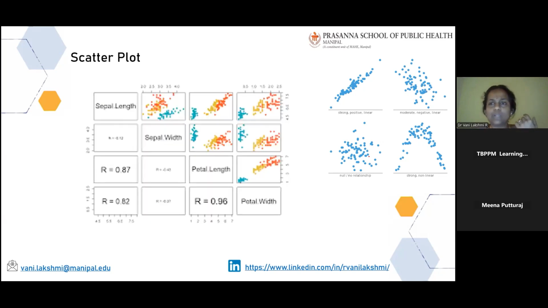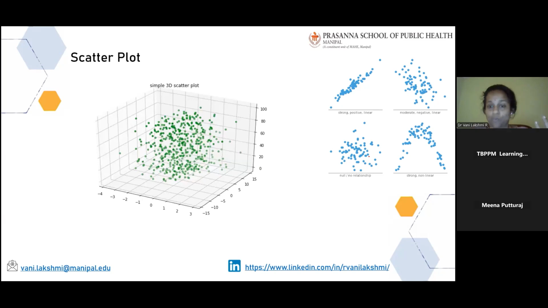You can also do a 3D scatter plot. However, 3D diagrams are not easy for us to interpret. Like if I show you this, you will be like, Madam, what is going on? I don't understand anything. See, you don't know what is X, what is Y, what is Z. I'm sure all of you watch 3D movies. 3D movies itself is a challenge with the glasses.